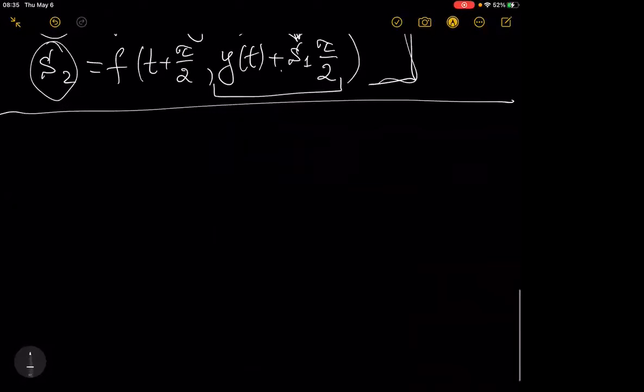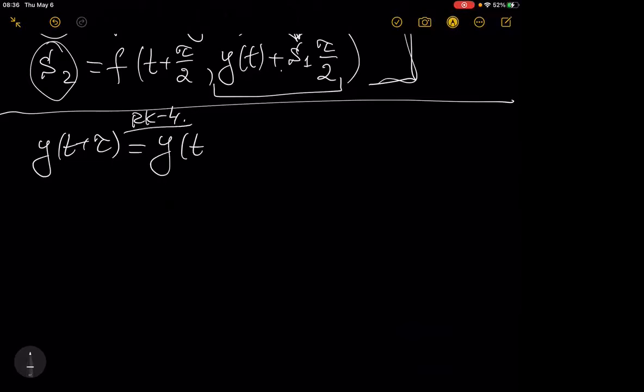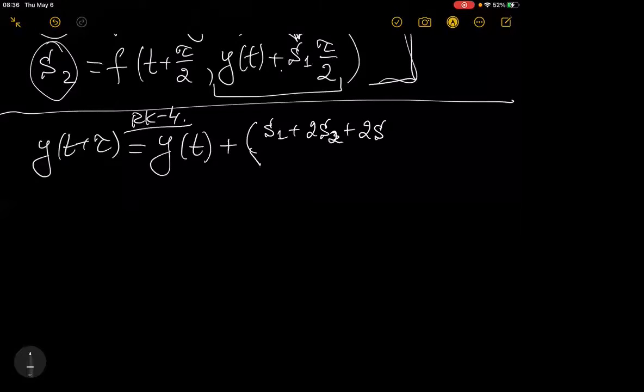So y(t plus tau) equals y(t) plus, and here correspondingly, we use S1 plus 2 S2 plus 2 S3 plus S4, divided by 6, times tau.